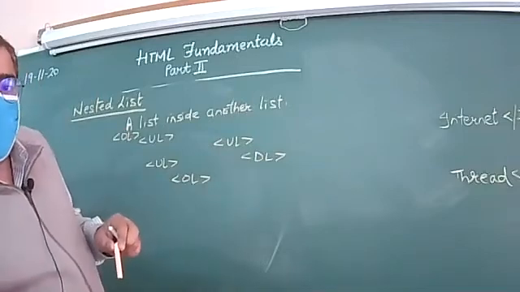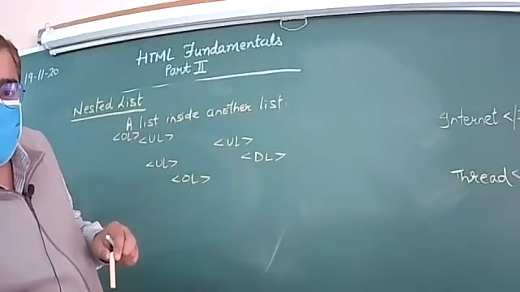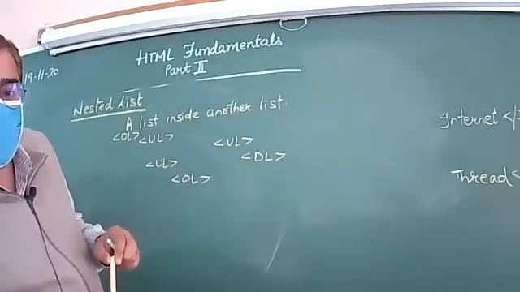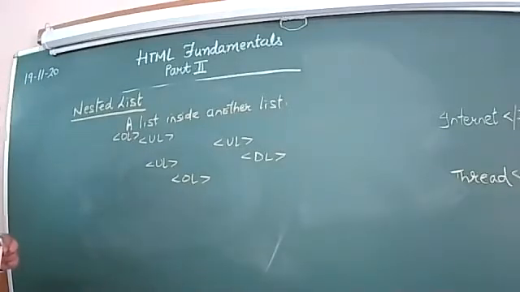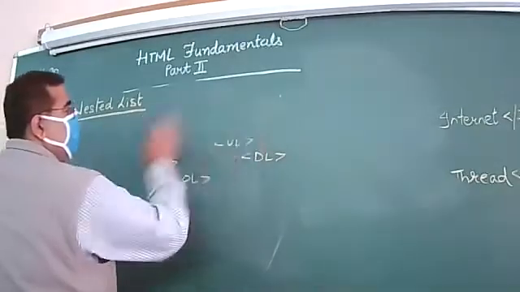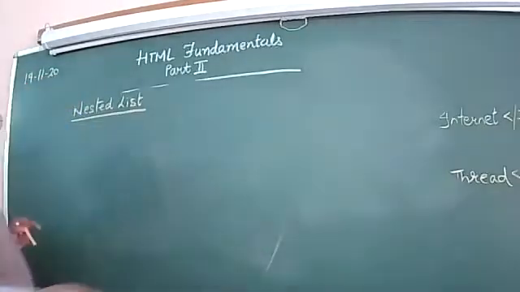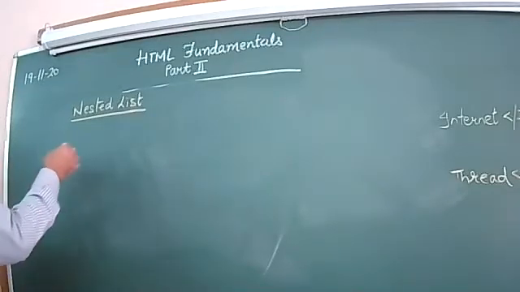The coding of nested list depends solely upon the question that you have got. Don't think there is only one type of coding in nested list. It depends what structure you have got, what type of web page you have got. According to that, the coding will change. Right now, I just discuss one type of coding.